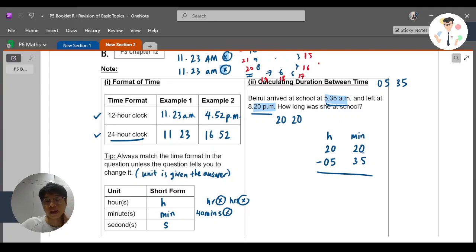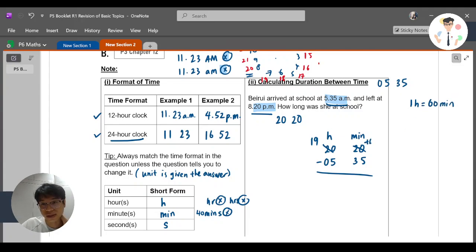Okay. For the minutes, can you minus 35 from 20? No. So I need to borrow from here, so it becomes 19. Now here will become what? This is a bit tricky. It's not plus 10. Again, 1 hour is how many minutes? 1 hour is 60 minutes. You learned this in conversion of units.